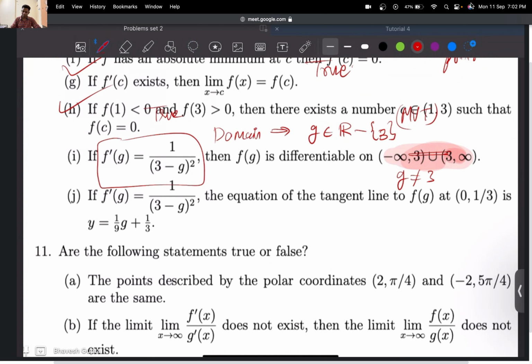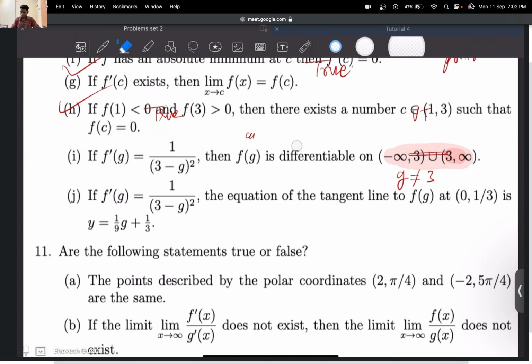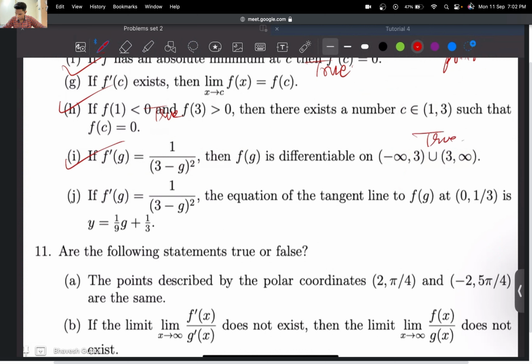So this solution is basically a test of whether you know how to calculate the domain of a function or not. So the answer is true, because the domain has been given. This is the way we can see where the function is differentiable. You calculate your derivative and check the domain of that. Once you find the proper domain, you can see for which values the original function is differentiable.